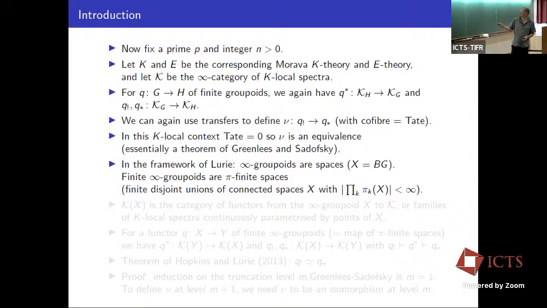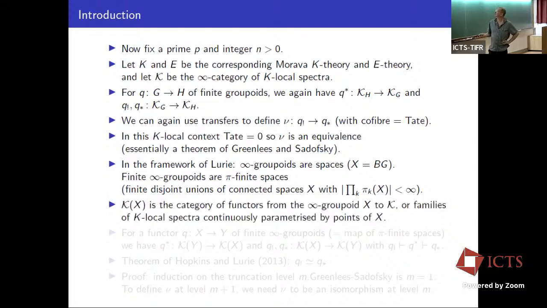I've written it this way: the order of the product of all the homotopy groups is finite, which means that if you go for k sufficiently large, then pi_k of X will be trivial, and also each individual pi_k of X is a finite group. If you take the classifying space of an ordinary groupoid, then pi_2 and higher will all be trivial, and pi_1 is just the automorphism groups in the groupoid G. Okay, so that's what we mean by a finite infinity groupoid.